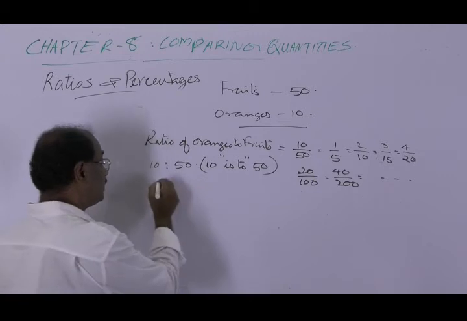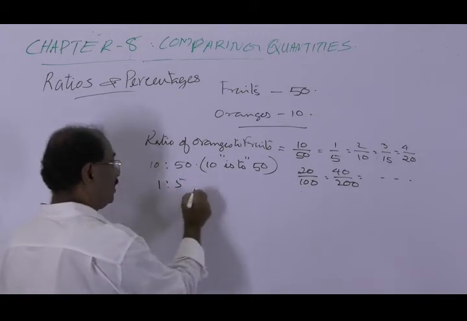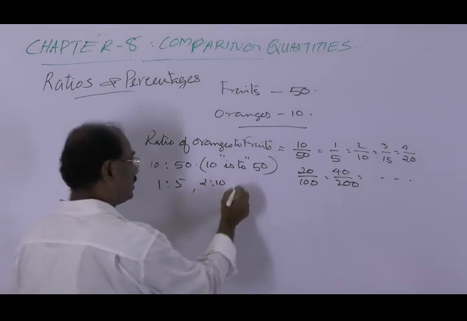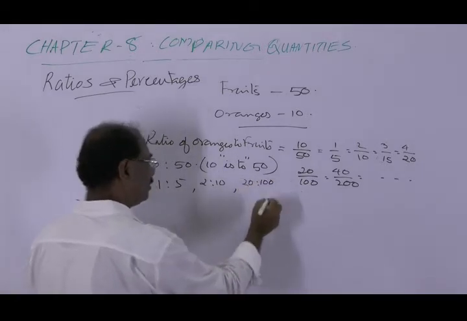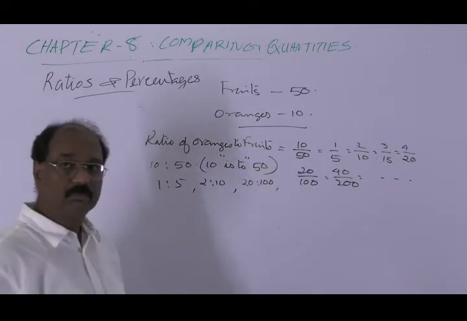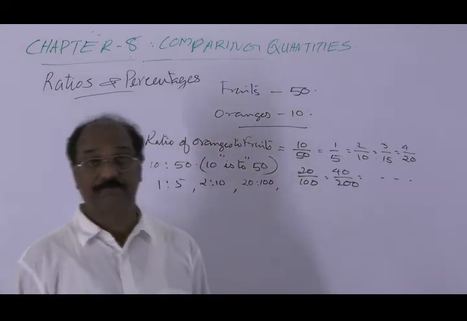And therefore this ratio is the same as 1 is to 5. It is the same as 2 is to 10. It is the same as 20 is to 100, and so on. So this is the ratio.